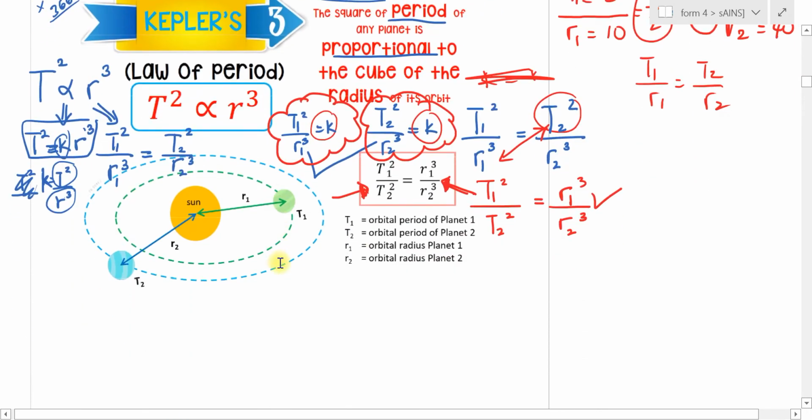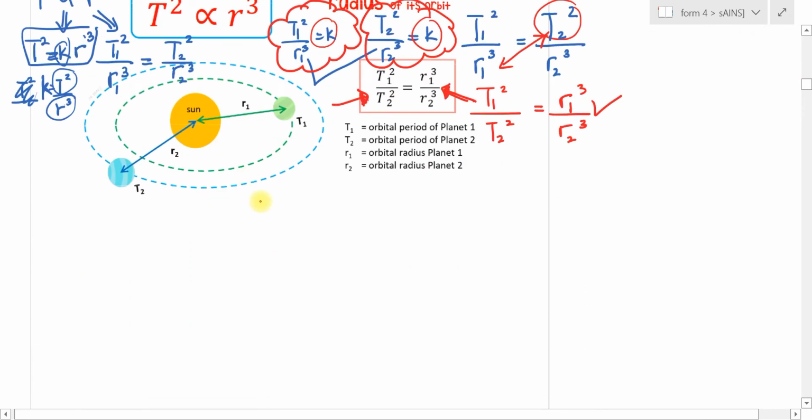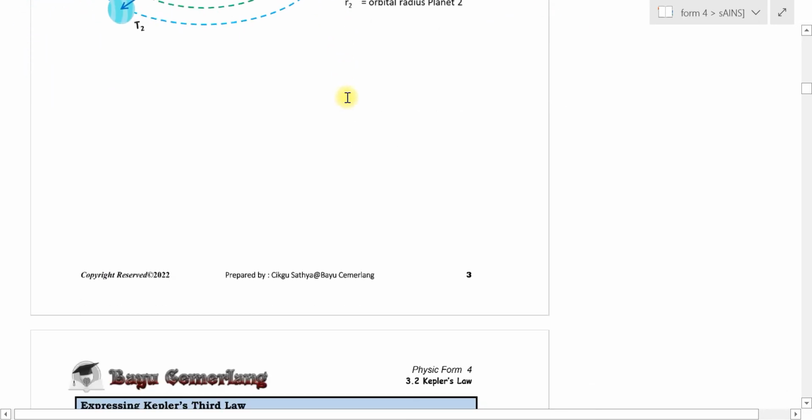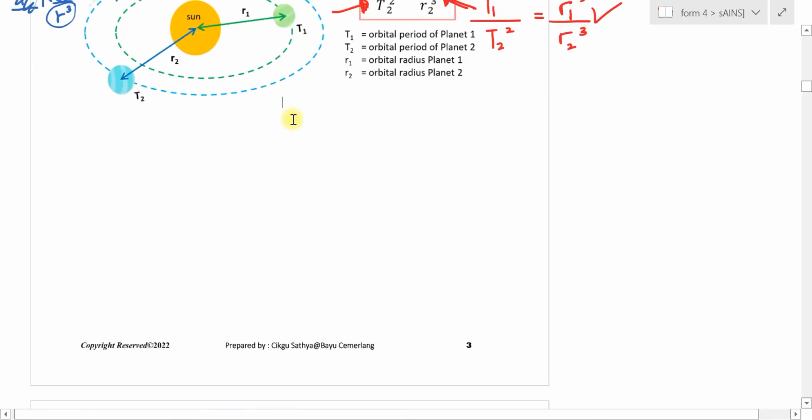So if anyone asks how to derive Kepler's law, like I explained just now. Just for the derivation, how to derive that, I show you one more time. You can make use of the space below. First you read the law. What does it say?